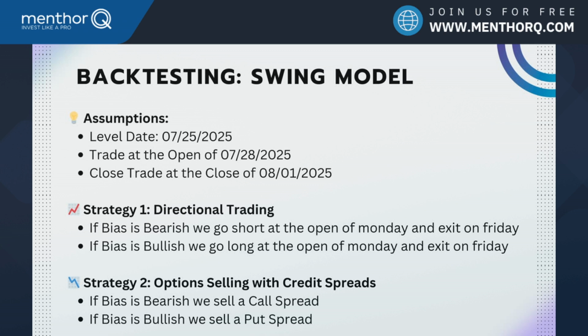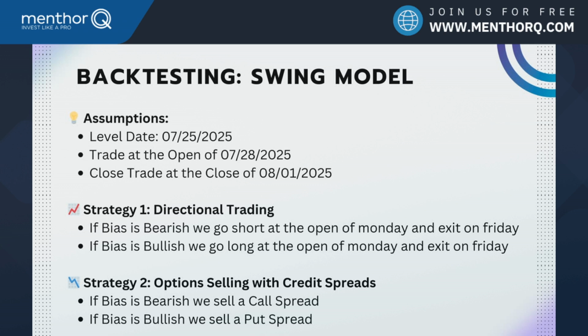There's no risk management involved. There's no take profit, there's no stop loss. So the goal of this exercise, very, very simple, is to show you how good the levels were, and then how we can add more factors to potentially add alpha to our strategy.